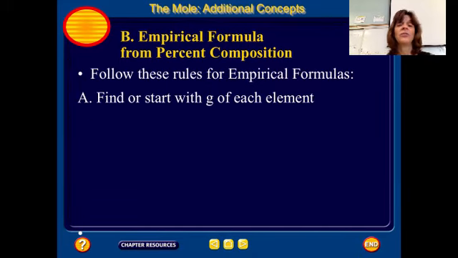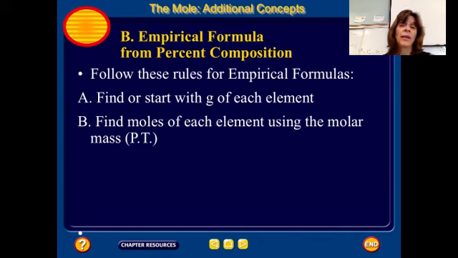So start with the grams of each element. We just talked through how to do that for this example. Then we have to find out how many moles of each element there are so that we can find a particle ratio. Because remember, grams don't represent the ratio of the particles, but moles do.